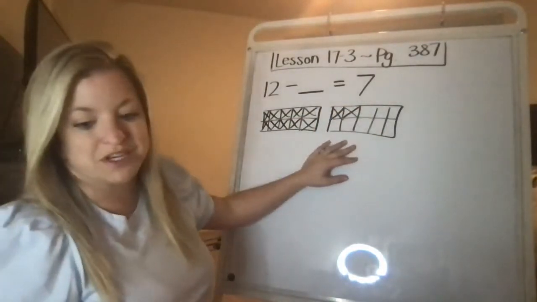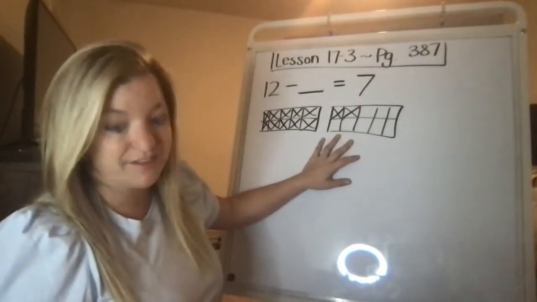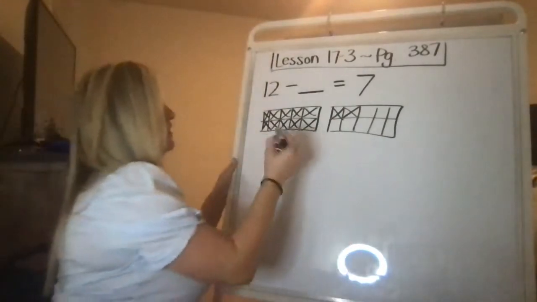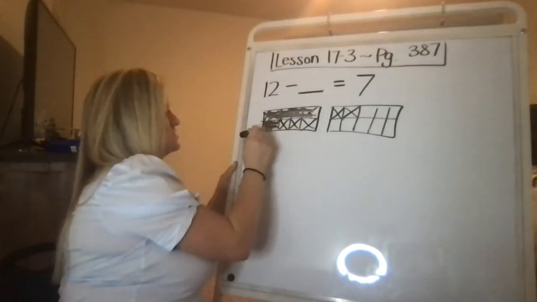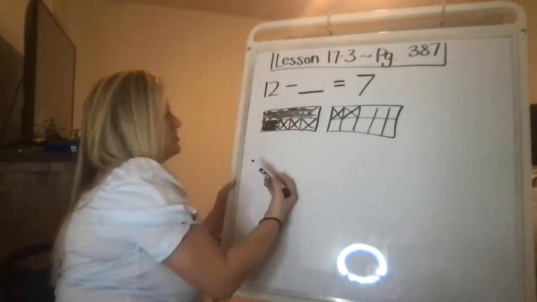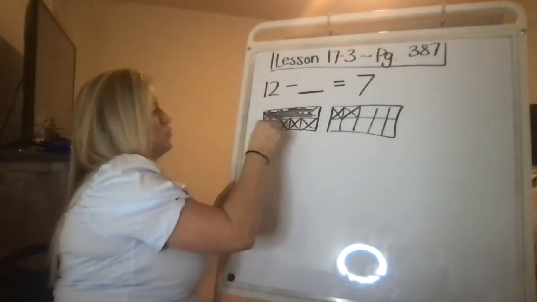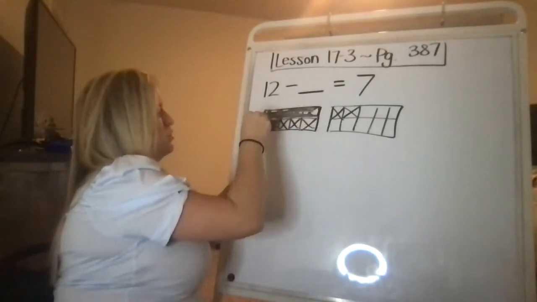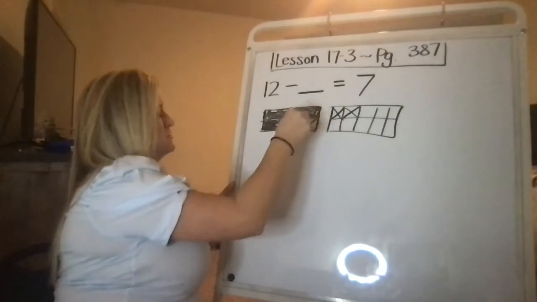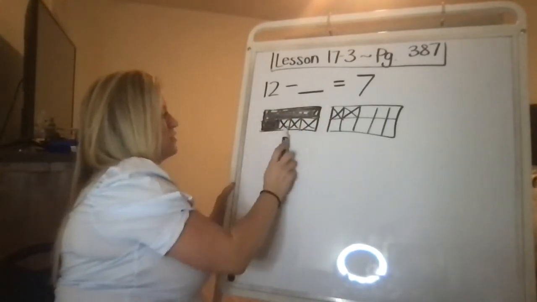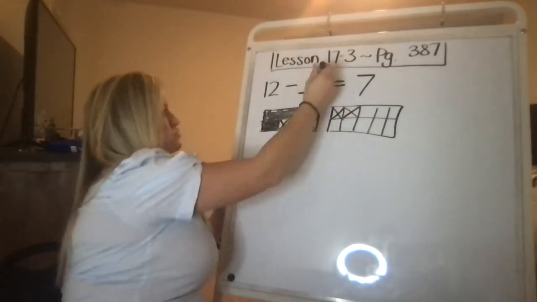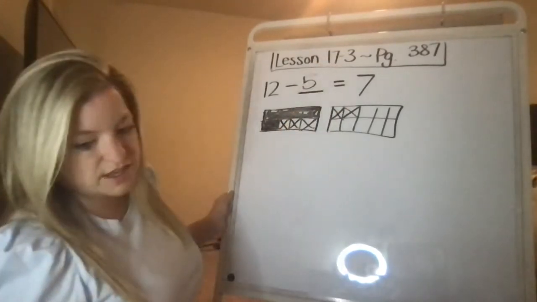Now what I'm going to do is I'm going to take out 7 of those. Here we go. 1, 2, 3, 4, 5, 6, 7. Now I'm going to count how many I have left. I just knocked off this whole row because I know one whole row in a tens frame is 5. 2 more, 6, 7. So now I have 1, 2, 3, 4, 5. So 12 minus 5 is 7.